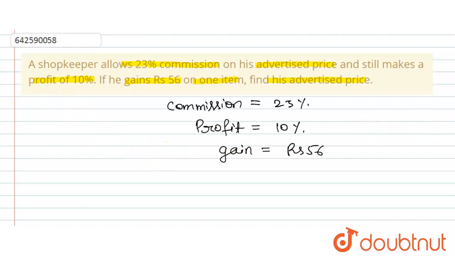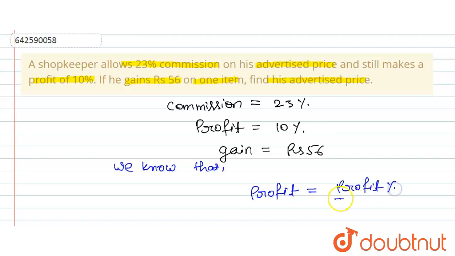So we know that, my dear student, we will use a very important formula: profit is equal to profit percent upon 100 into CP.